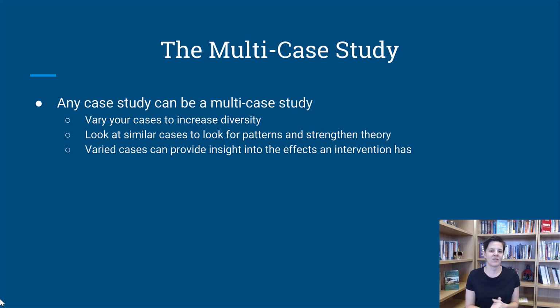So if you set up an intervention study, you can within that study do a multi-case study that's looking up close at a few carefully selected individuals to understand what effects that intervention has on people of different, in my case, reading abilities, but you define that for yourself.